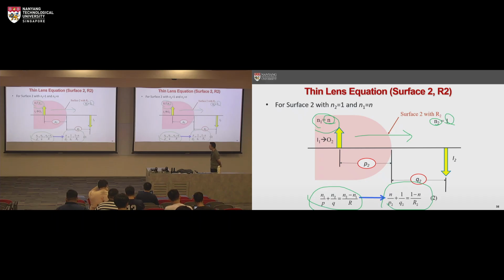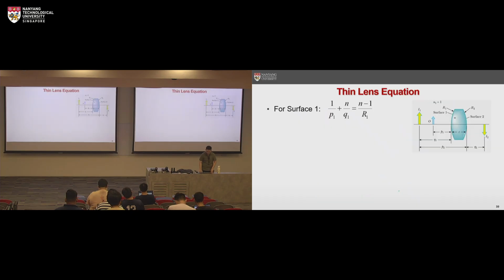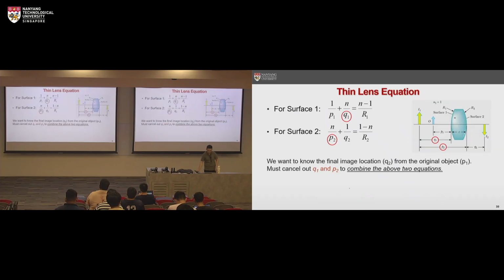So now you define this as the second equation. Okay, so now if you combine equation 1 and equation 2, because we know that the process should be continuous. The surface 1 is from air to lens. The surface 2 is from lens to air. So that's why you get a two-step of this equation. So when you put the two equations together, side by side, which we define as surface 1 and surface 2.